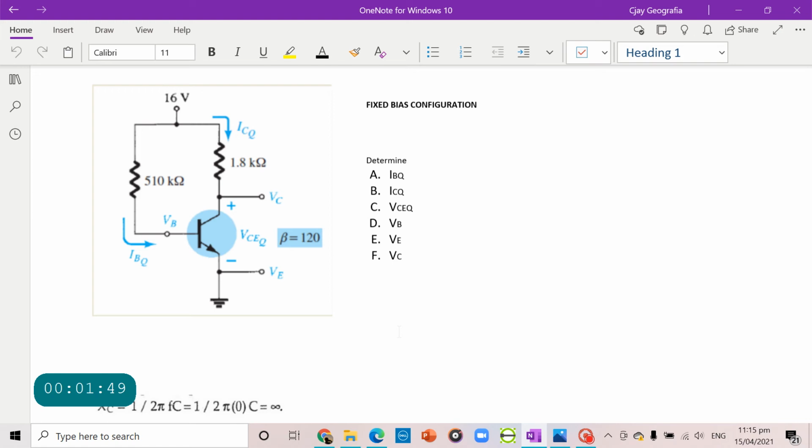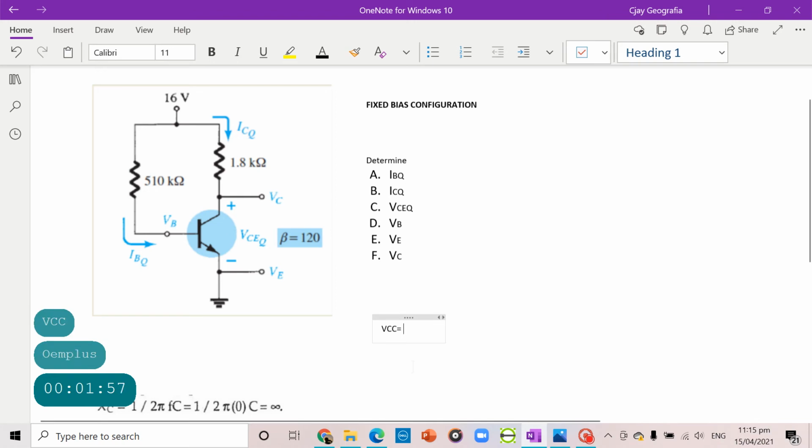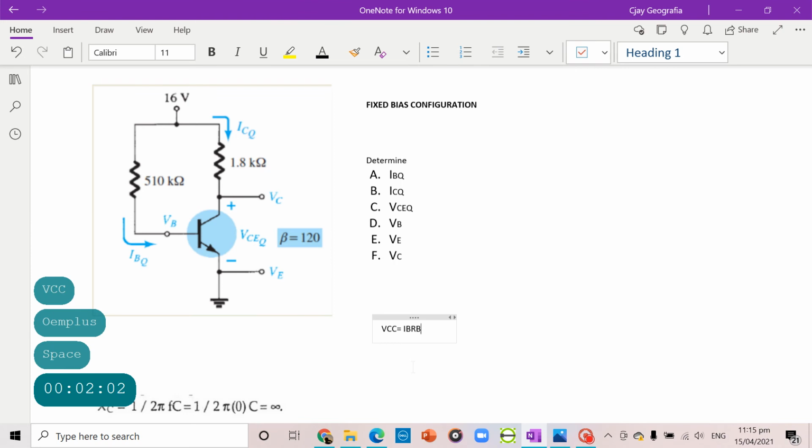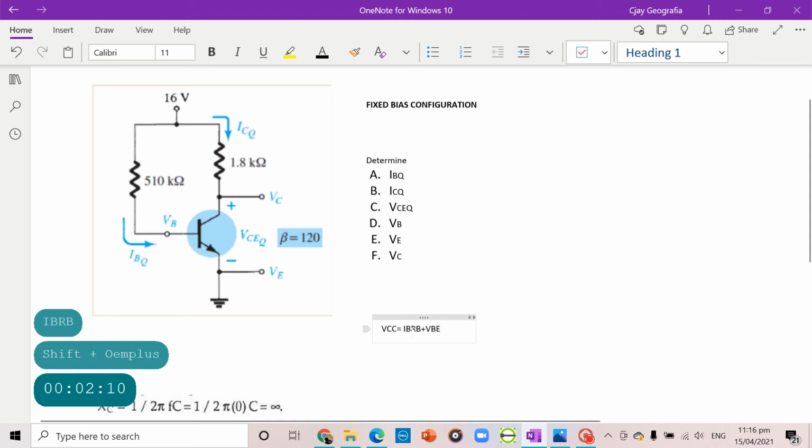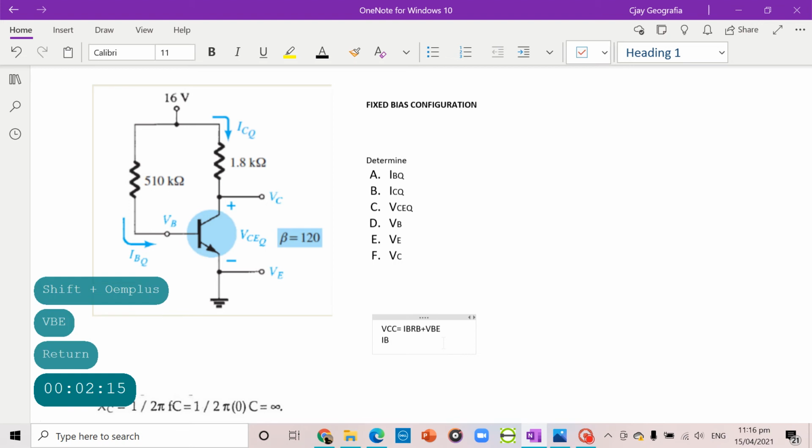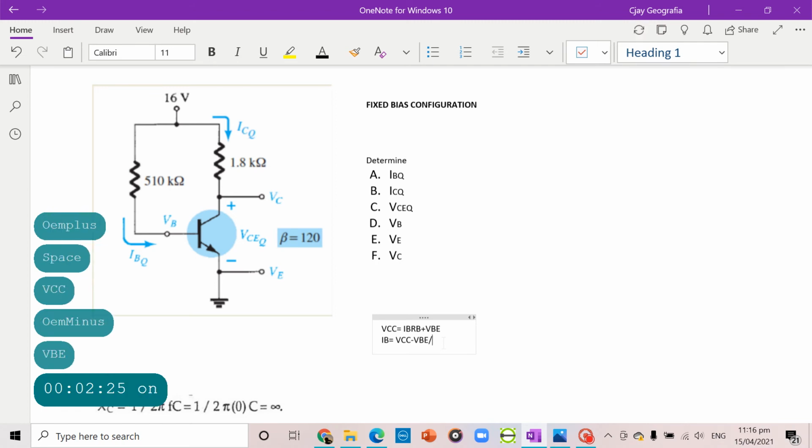If we use KVL for the base circuit, first we have VCC equals IB times RB plus VBE. Therefore IB is equal to VCC minus VBE over RB.